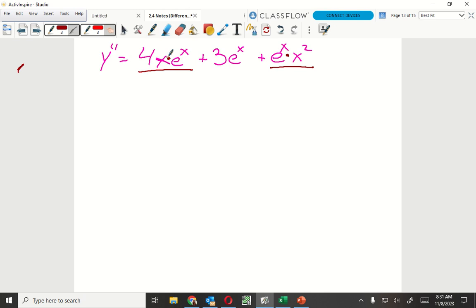Yeah, there's not a second variable, so I just have to leave it alone. So I can go through and do these now. From here, let's call this F and this G. F is x, F prime is 4. G is e to the x, G prime is e to the x.